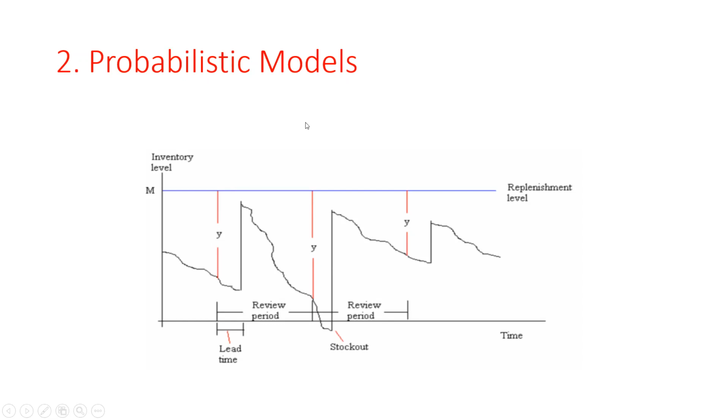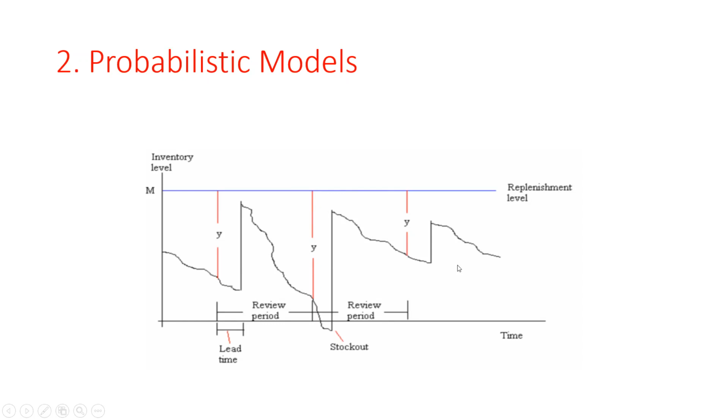Under the periodic review model, units are ordered in each review period to bring the inventory position back to the replenishment level. The typical inventory pattern for a periodic review system with probabilistic demand is given in this figure.